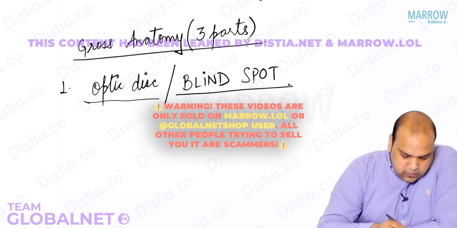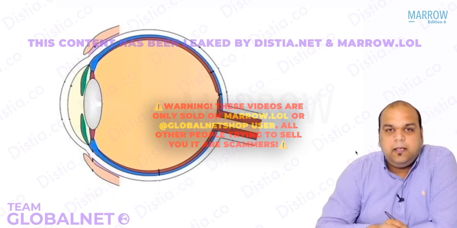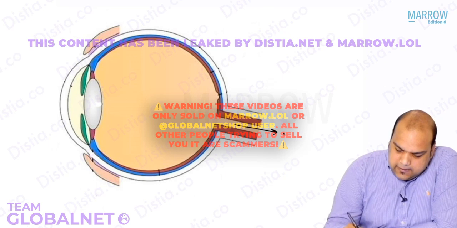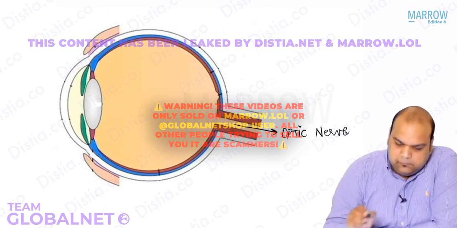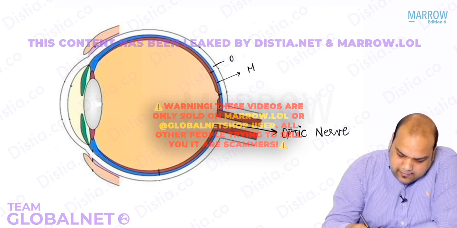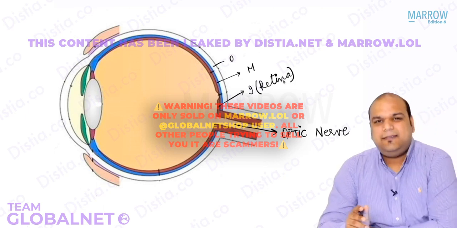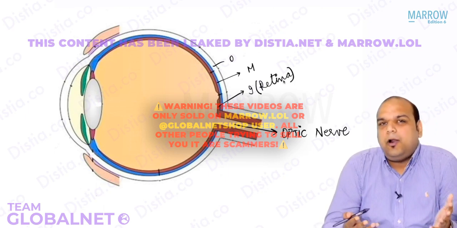Let's understand it by the use of an image. Everybody see this image on your screen, please. Now, we can see that this is the optic nerve. This is the outermost layer. Blue color is showing the middle layer and this red color is showing the innermost layer, the layer that we are discussing right now, retina. This is just a cut section of the eye like we have drawn already, guys.